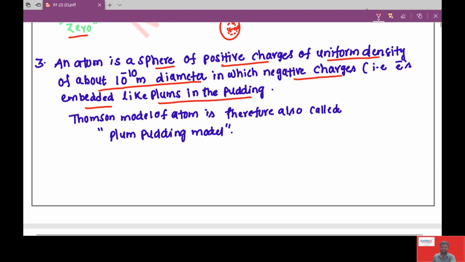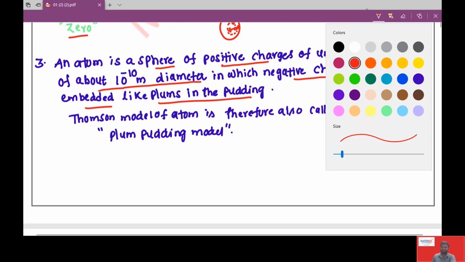So what is the meaning of that third postulate? An atom is a sphere of uniform density, of about 10 to the power of minus 10 meter diameter, in which negative charges are embedded like plums in the pudding.